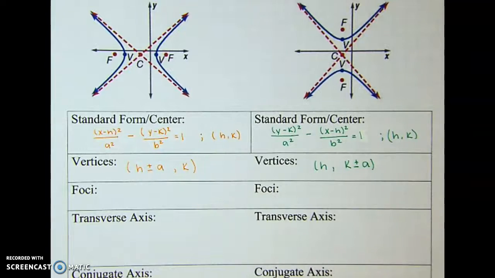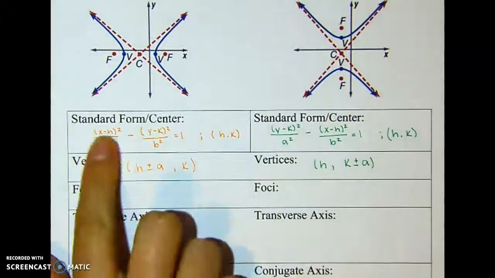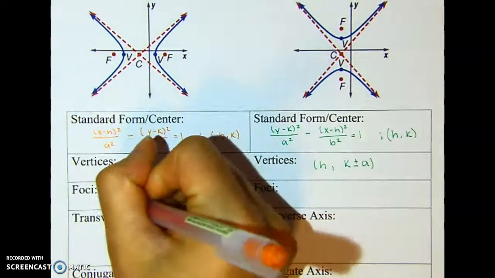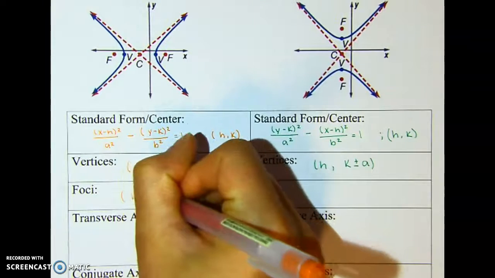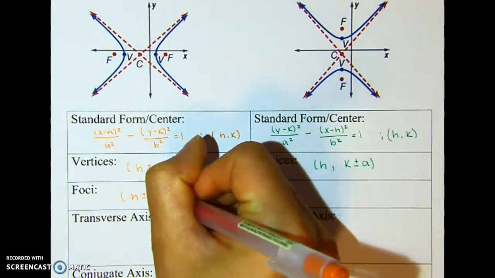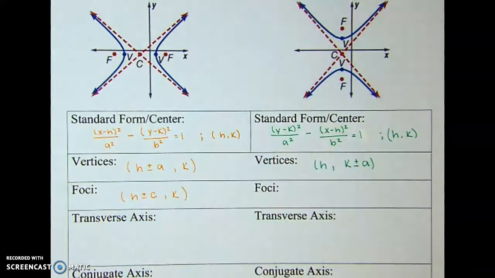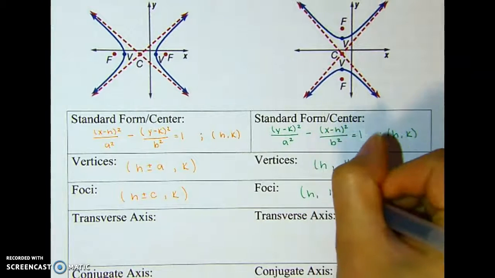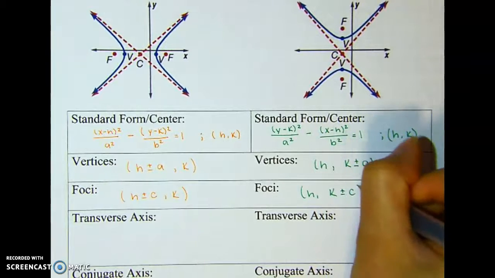Okay. Your foci for this version is going to be at, again, (h plus or minus your c value, k). We'll talk about c in a moment. And for this one, it will be (h, k plus or minus c).